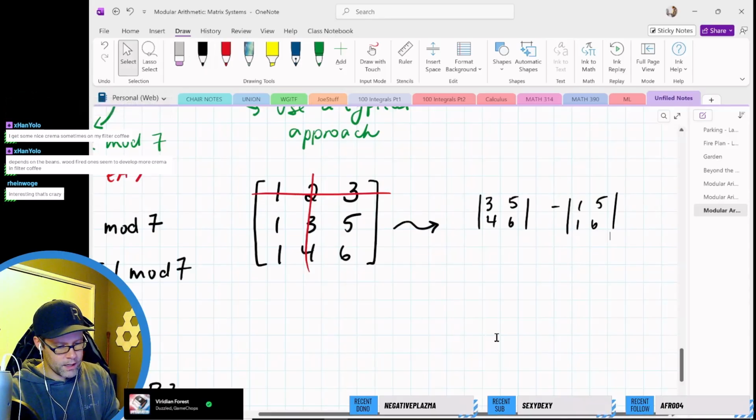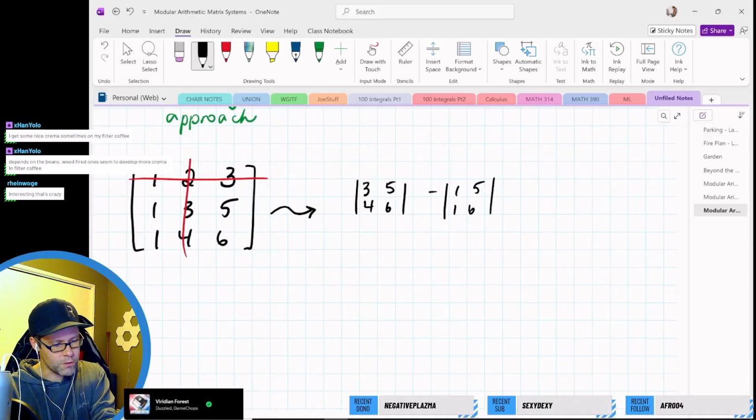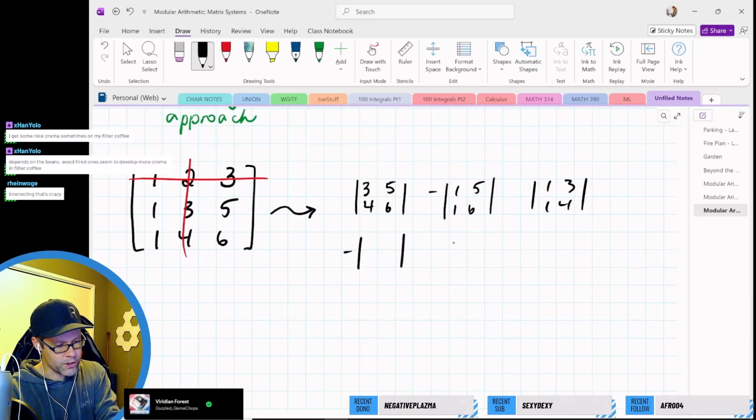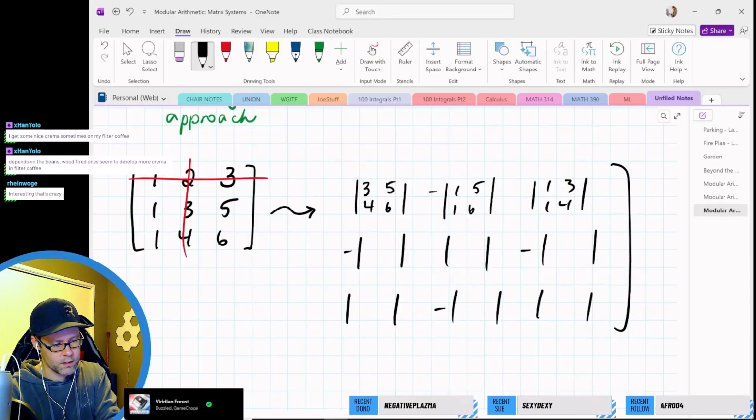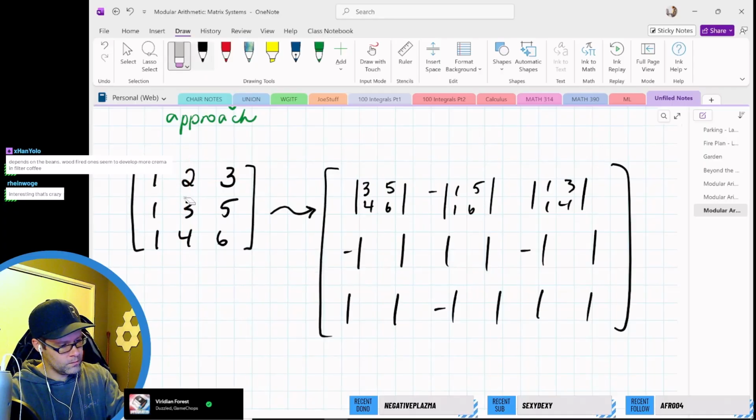So I'm going to go ahead and just try to finish off what these tiny little determinants are going to look like. So this would be like what, 1, 3, 1, 4. And remember, you need to alternate your signs here, right? So it depends on the positioning of where we are. Some of these positions are negative, some of these positions are positive. Okay, so if we're down here, we're kind of getting rid of this and this.